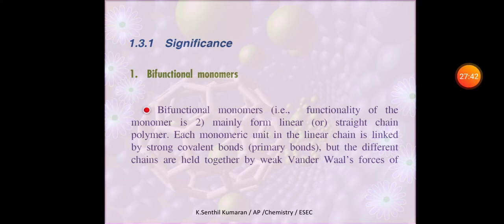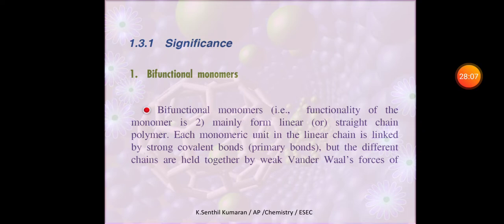The adjacent linear chains are connected by weak van der Waals forces of attraction. Weak van der Waals force means the force between the two adjacent layers is very weak.